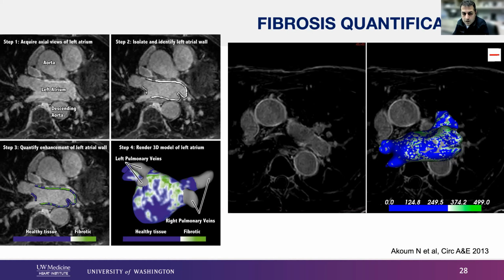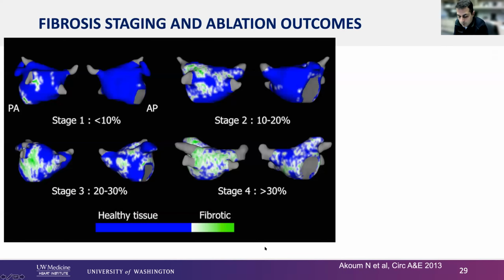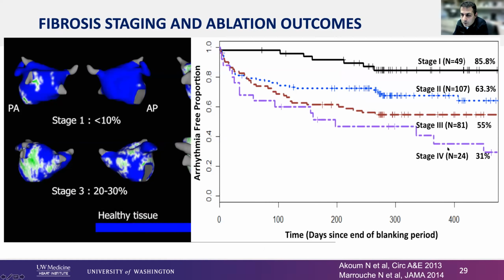We have also shown that patients with diseased atria, or those that have a high amount of scar tissue, as you can see here from the staging system that we use, with a lot of scar tissue that you see here in green, don't respond very well to ablation. Patients, for example, that are stage 4 that have had ablation have a success rate of about 31%, in comparison to patients in stage 1, which have very little fibrosis, where the success rate is closer to 85–90%.